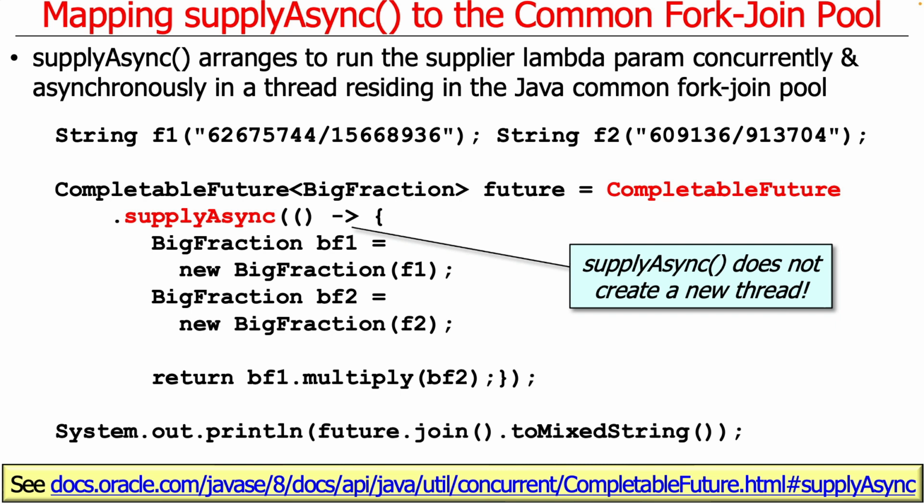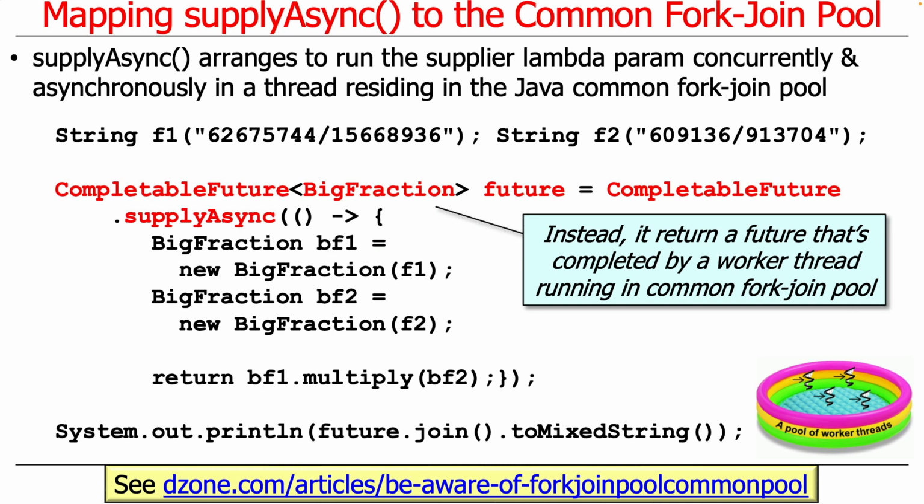That's done by the underlying common fork join pool. So even supplyAsync really isn't creating a new thread. It's doing all this magic under the hood. Instead, supplyAsync is going to return a CompletableFuture that will be completed ultimately by a worker thread that's running in the common fork join pool.